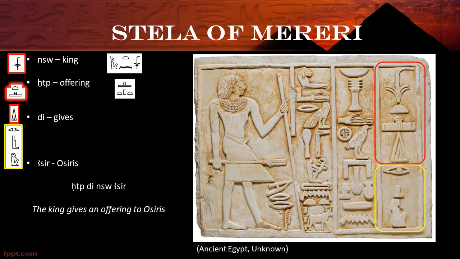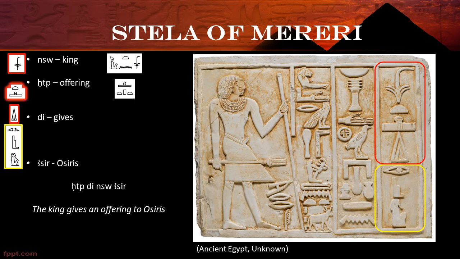But also, like I said earlier, this is an actual abbreviation, and this is where the artists' ability to modify things due to space limitations or just artistic expression comes into play. Now, the word for king, if you look over here on the left-hand side of the screen, you'll see the little plant along with the loaf and the squiggly line, which is water, and then a seated person that actually designates king, which is Nesau.